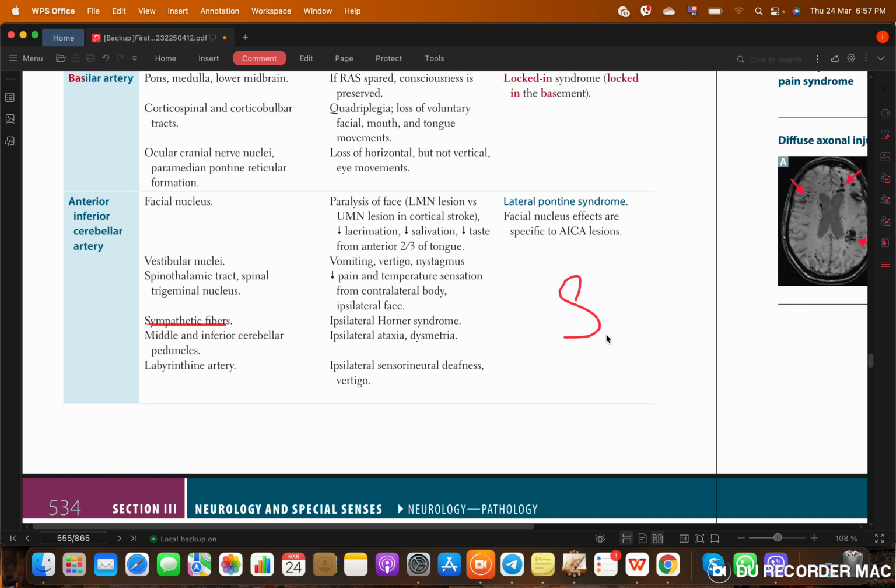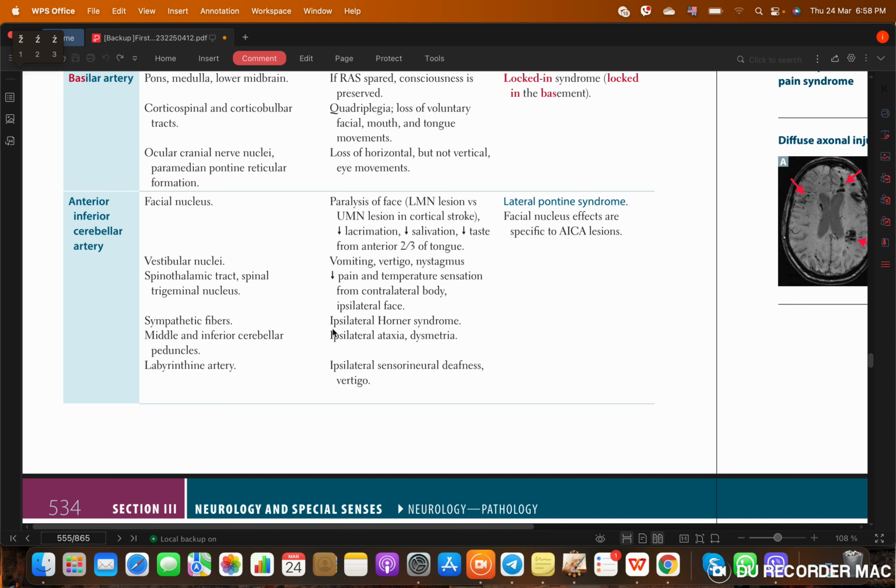The patient is going to have the following: miosis, which is a constriction of the pupil of the eye, ptosis, which is an eyelid droop, and anhidrosis, which is inability of the half of the face to basically make sweat. How do you say that?